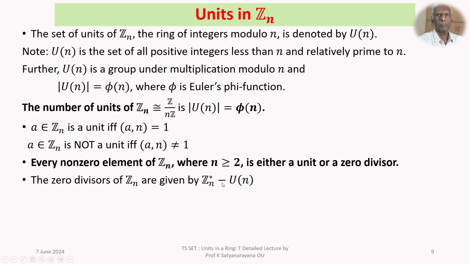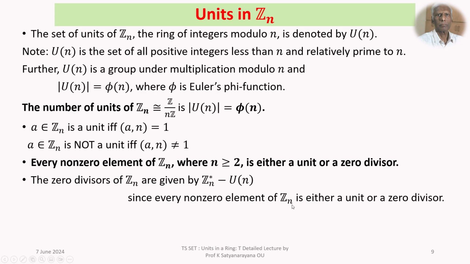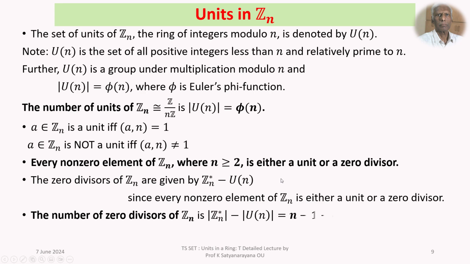So Zn star minus U(n). You take Zn star and from that take out the units of Zn. And why is it so? Because in Zn, every non-zero element is either a unit or a zero divisor. So now the number of zero divisors of Zn can be counted.